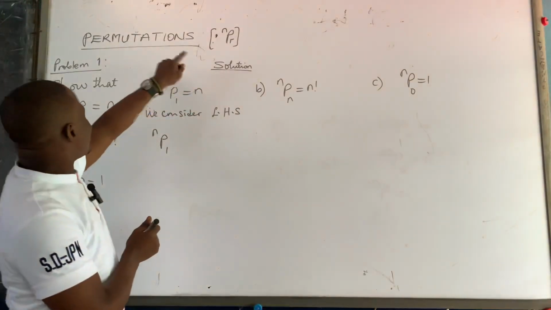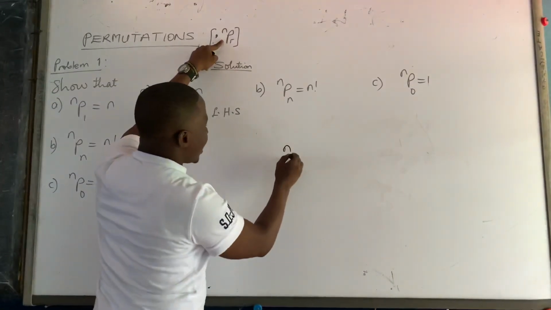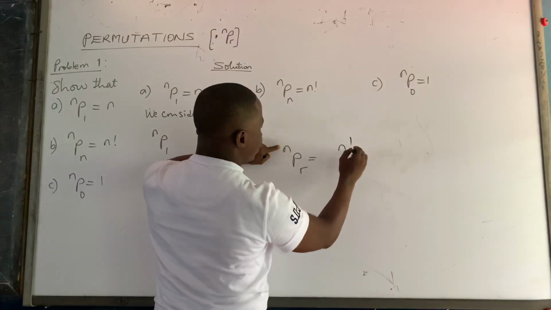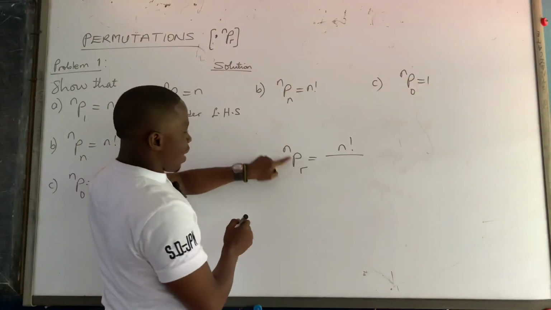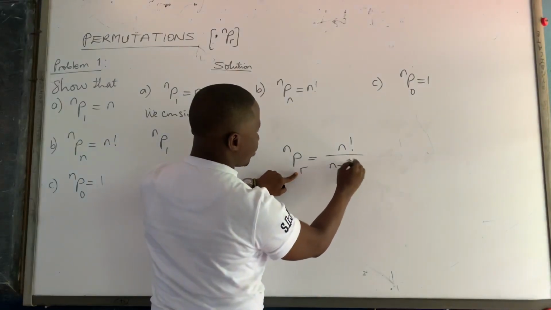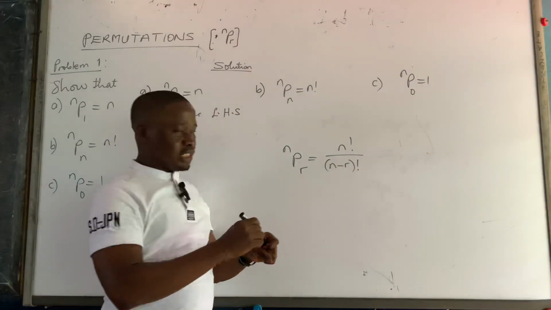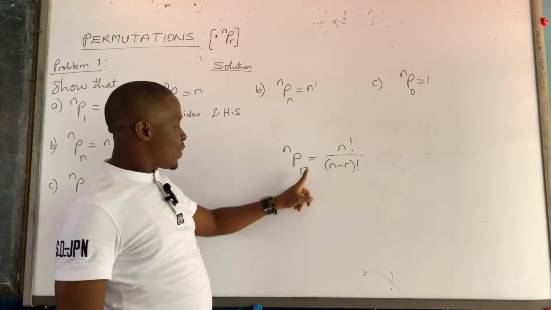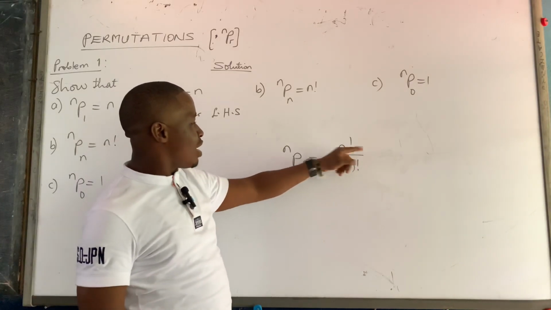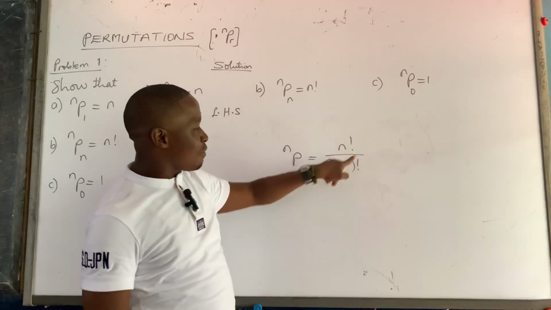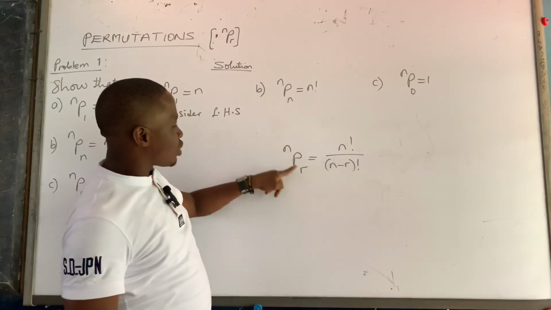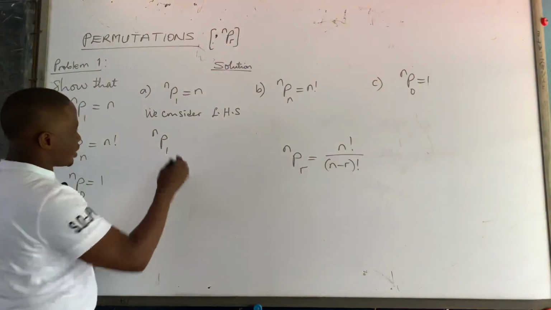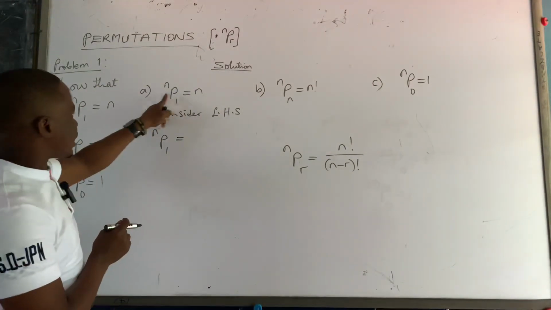But generally, for permutations, n permutation r, the formula says n factorial divided by n minus r factorial. So this is the formula for permutation. N permutation r is equal to n factorial, what you have at the top, factorial, divided by the top minus the bottom, factorial. We want to show that this is equal to n.